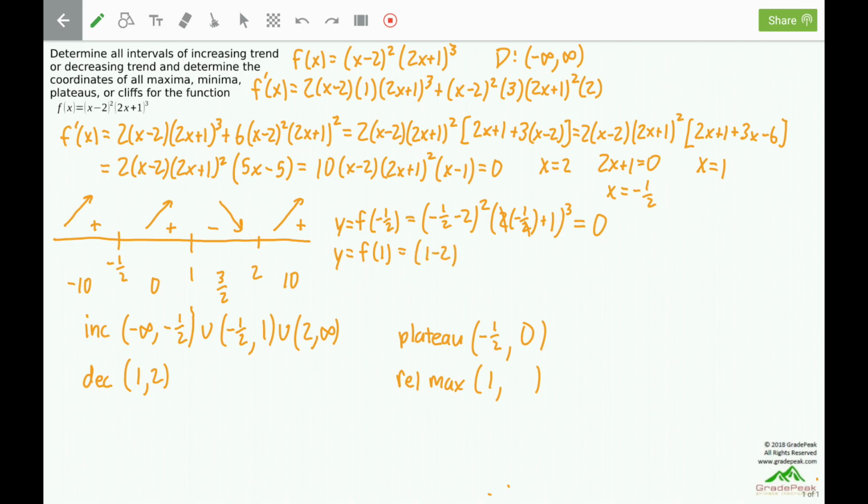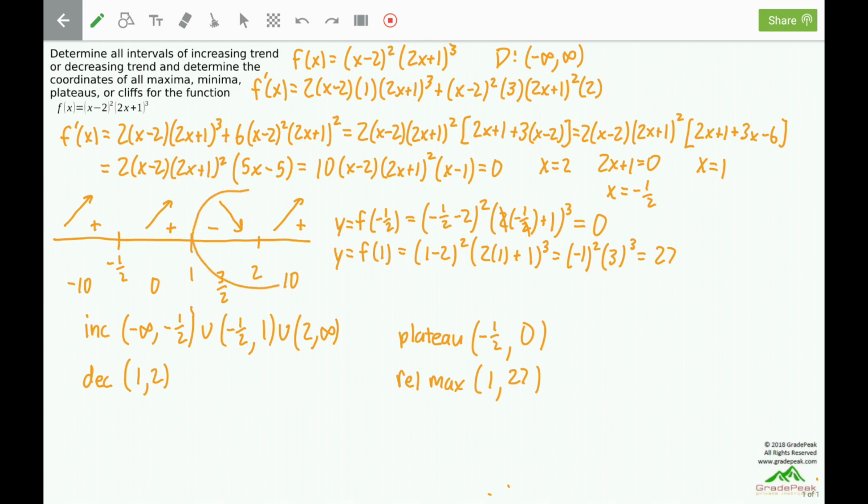It will be 1 minus 2 squared times 2 times 1 plus 1 quantity cubed. 1 minus 2 is a negative 1 squared. 2 times 1 is 2 plus 1 is a 3 cubed. Negative 1 squared is positive 1 times 3 cubed, which is a 27, so that'll come out to a 27.